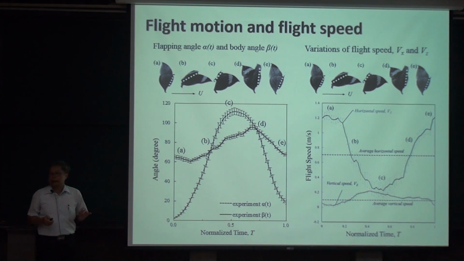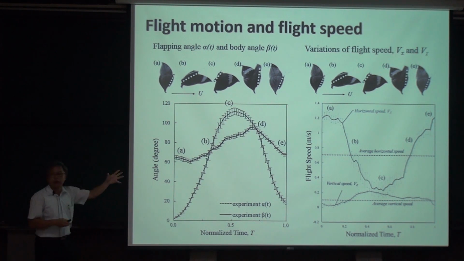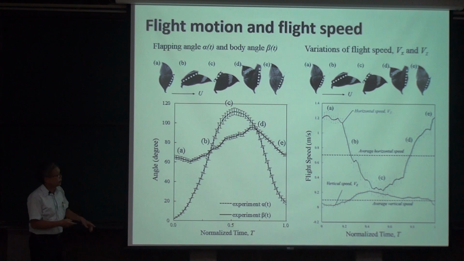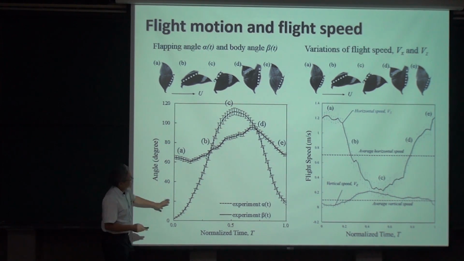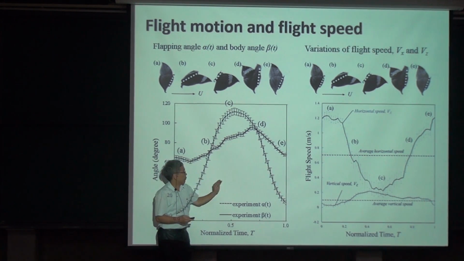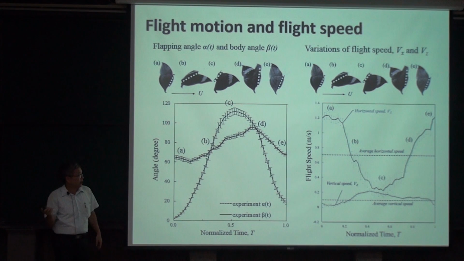We tried, but it didn't work. So we just input the posture at every moment onto our numerical model to escape the coupling problem and then calculate the flow structure here. So this is the experimental data, and we input those data into our numerical model.